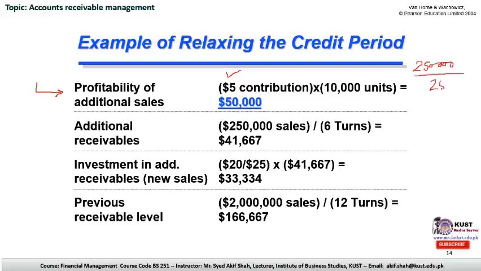So if we divide the $250,000 of additional sales by the unit price of the product, we come up with 10,000 units of sale. So we have calculated the additional unit sales by dividing the additional sales by the sale price per unit. If we multiply the total units sold because of the relaxation in the credit period by the contribution margin per unit, we come up with $50,000 of additional profitability.